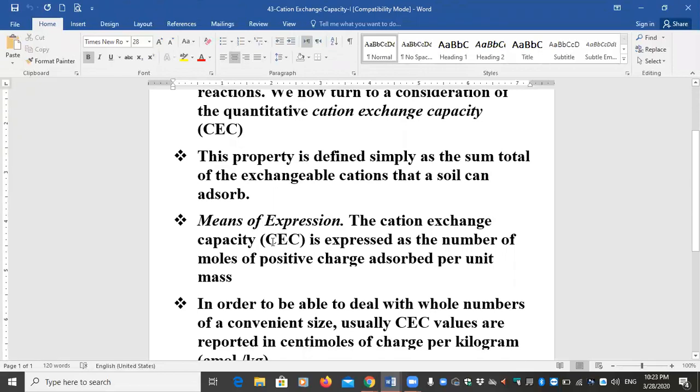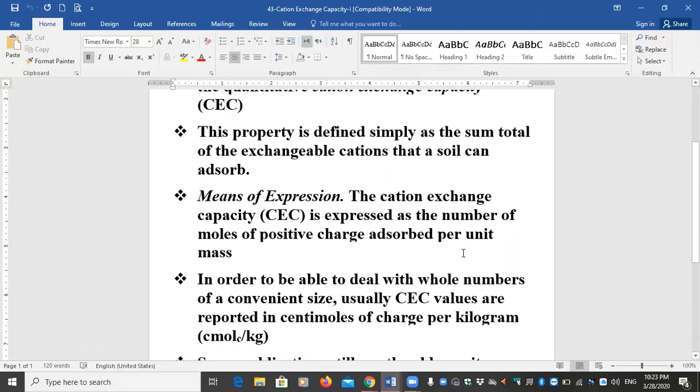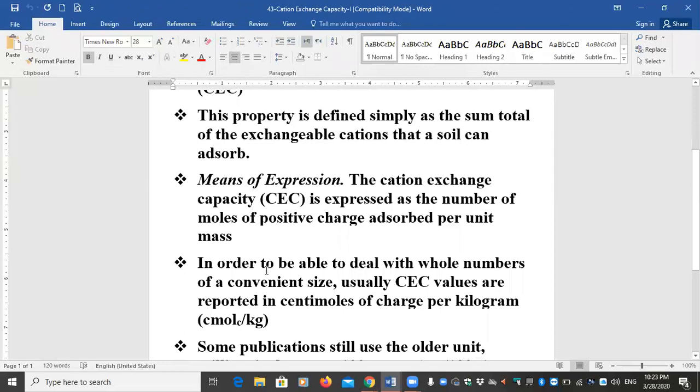The cation exchange capacity is expressed as the number of moles of positive charge adsorbed per unit mass. So moles of charges and unit mass. Of course, now we'll go more detailed, define more in numbers, in units. In order to be able to deal with whole numbers of a convenient size, usually CEC values are reported in centimoles of charge per kilogram of soil.